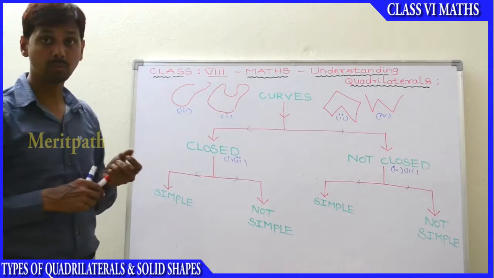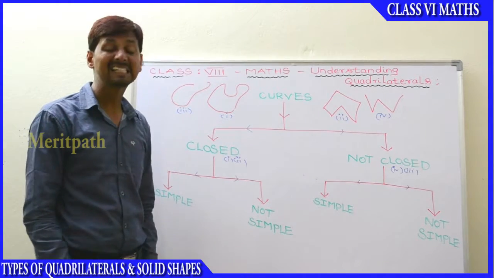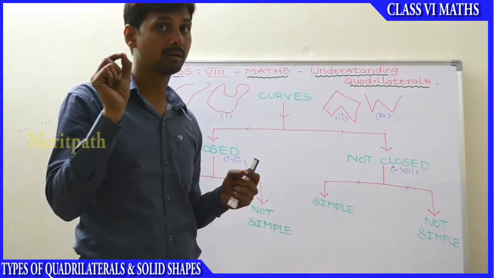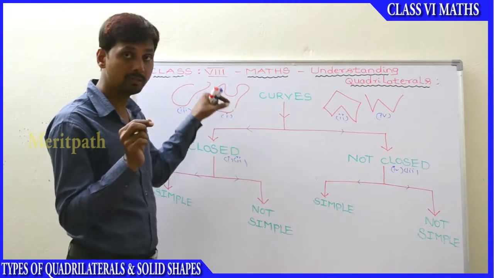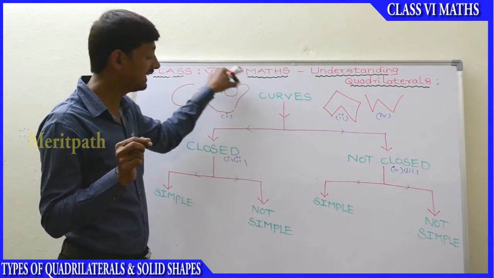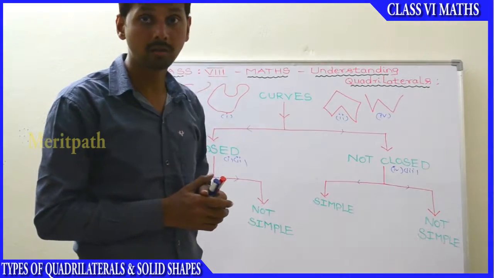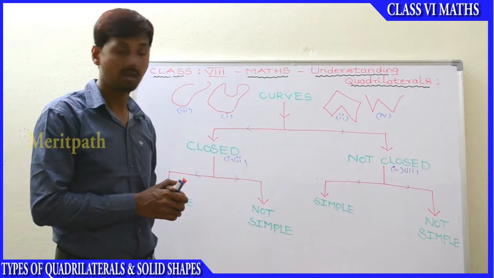Coming to the next one, simple and not simple. Simple is nothing but when we take a pencil or a pen, start at a starting point, and join to the initial point without touching the same line we have drawn, and we call it a simple curve.